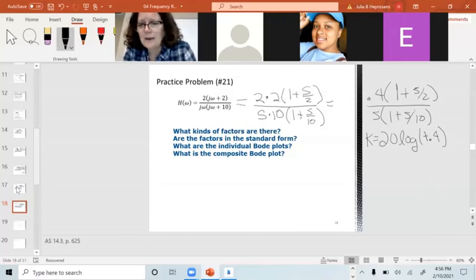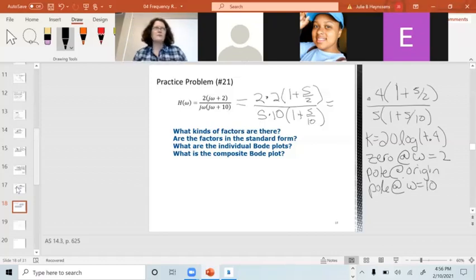I have a zero at omega equals 2. I have a pole at the origin. Ooh, controls people hate that. And I have a pole at omega equals 10. So I plot each one of those factors and add them together.